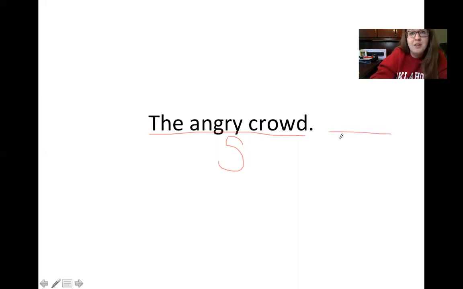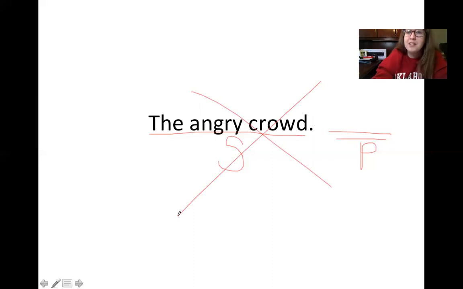We do not. We are missing the predicate part of this sentence. So is this a good sentence or a bad sentence? I should see thumbs down. This is not a sentence that is ready for paper because it's incomplete. It's missing the predicate. Remember, a good sentence has to have a subject and a predicate. We have to know who or what and what they're doing in order to have a complete sentence.